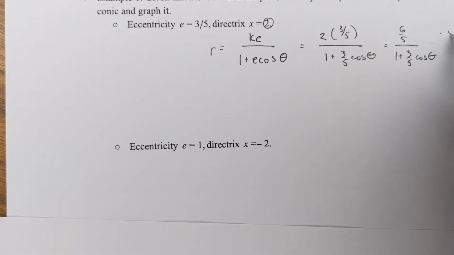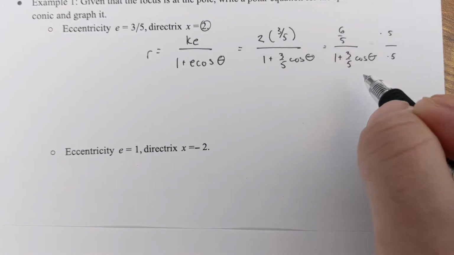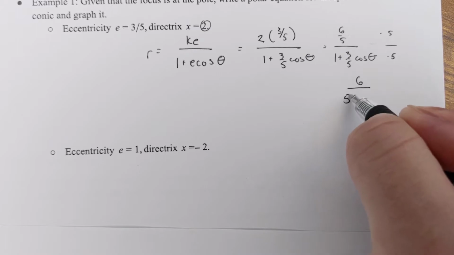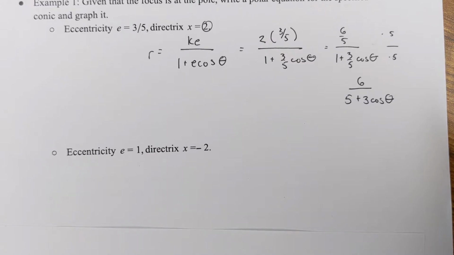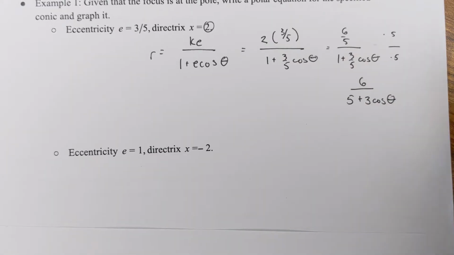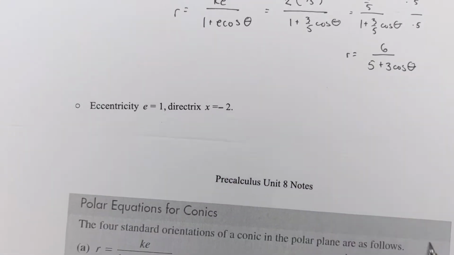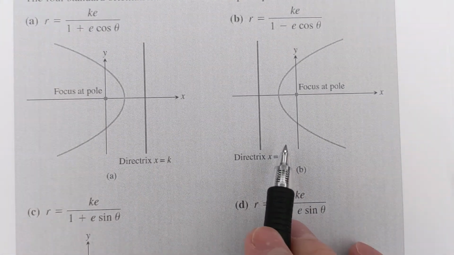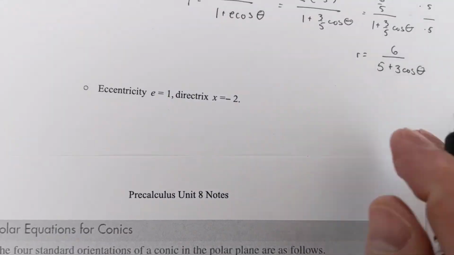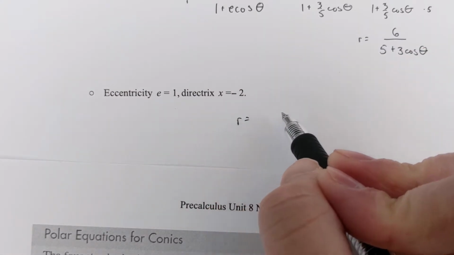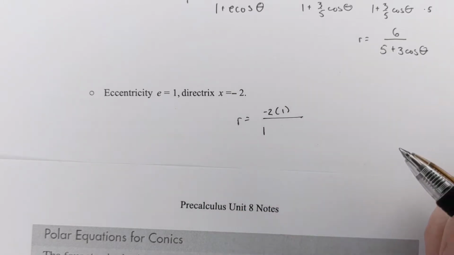I can multiply by 5 over 5 on the top and bottom, which gets rid of the fractions inside fractions. So this will be r equals 6 over 5 plus 3 cosine theta. For the next one, our k value is -2, so we're looking at the version with 1 minus e cosine theta.